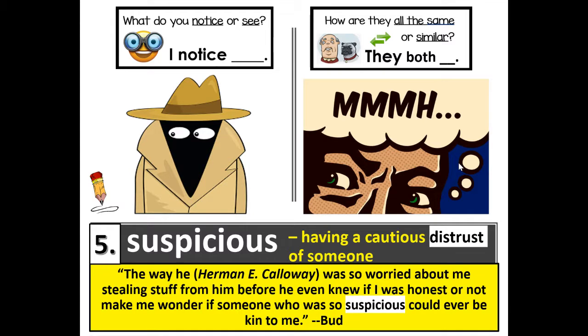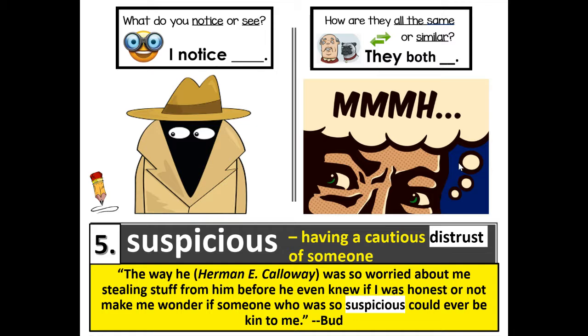And here is our quote. "The way he, Herman E. Calloway, was so worried about me stealing stuff from him before he even knew if I was honest or not, make me wonder if someone who was so suspicious could ever be kin to me."